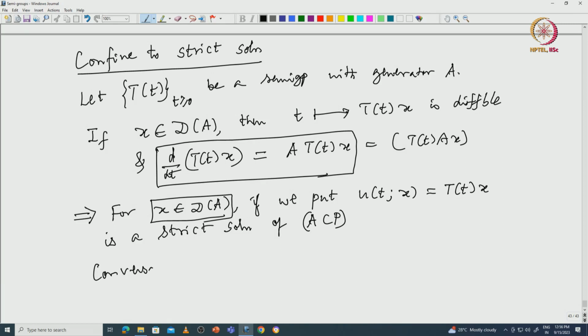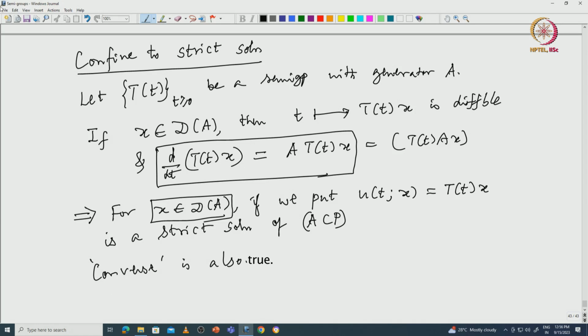Okay. So there are some technical things here. Converse is also true. What does that mean? If the ACP has a strict solution for each x in D(A), then A generates a semigroup.